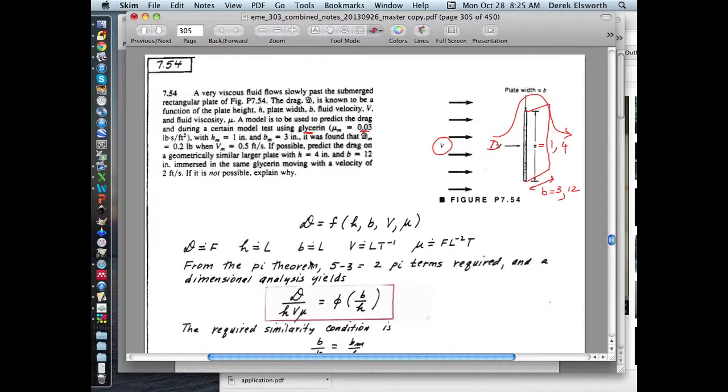So we look at the parameters that describe our system. We have a velocity, we have a drag force, we have 2 length dimensions, and we presume that it could be viscosity. You notice in this case we're assuming that density has no influence.